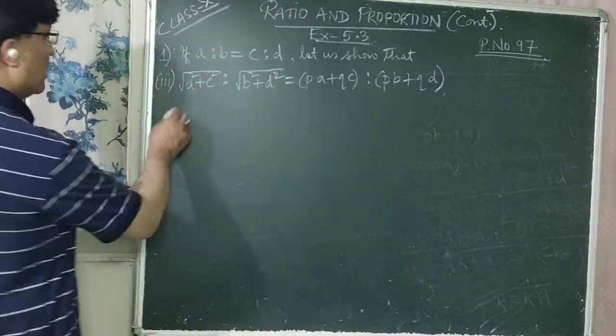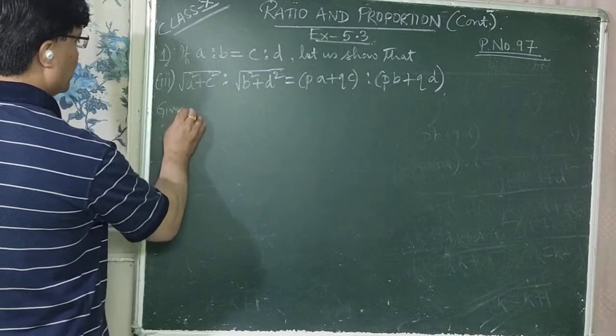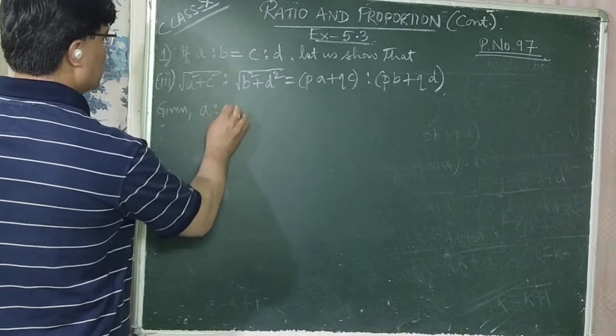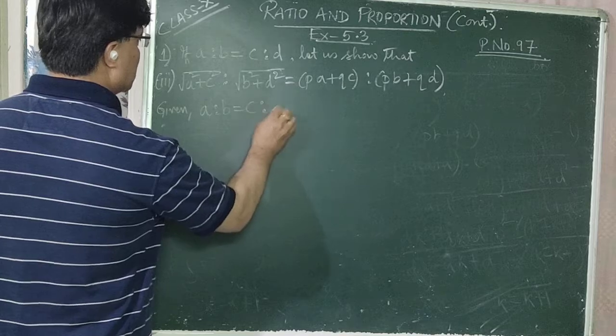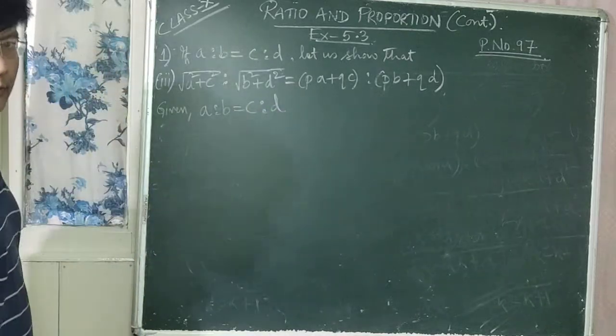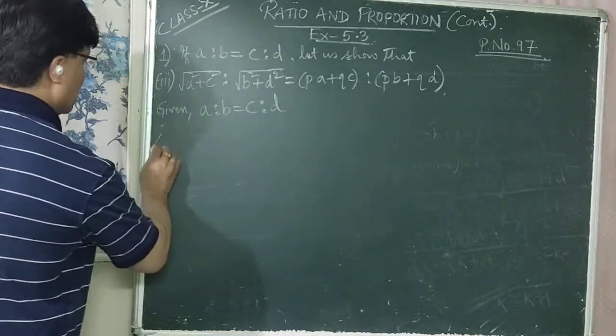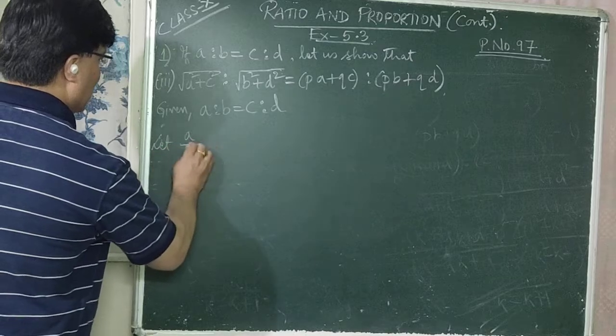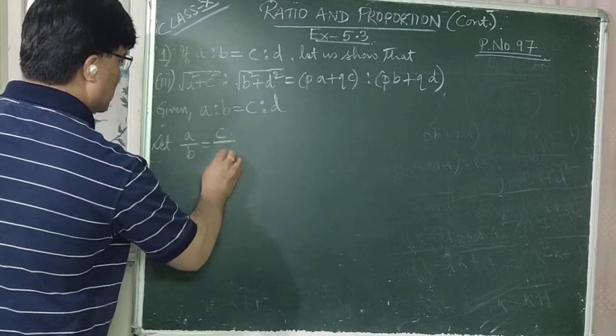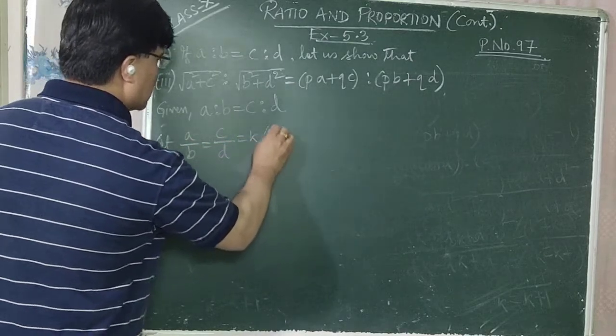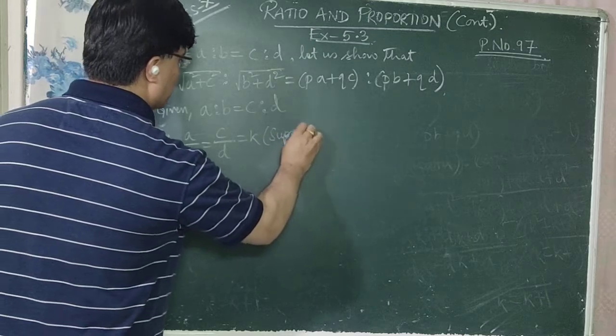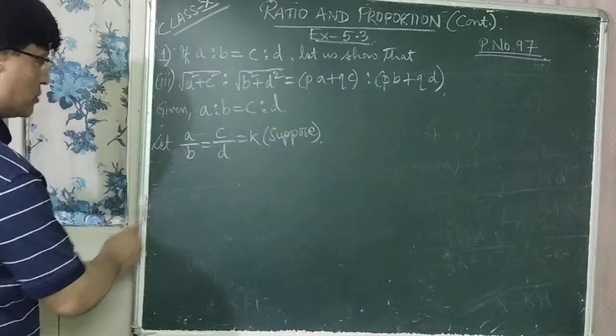So here what is given? Here given is A is to B is equal to C is to D. Here also you can use the same K method. Let A upon B is equal to C upon D is equal to K suppose.